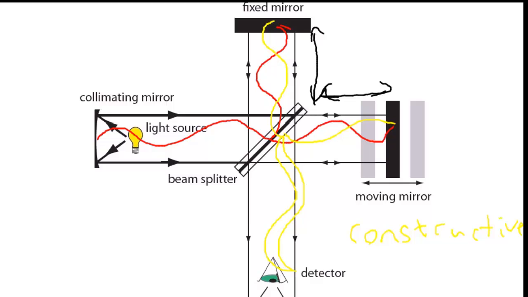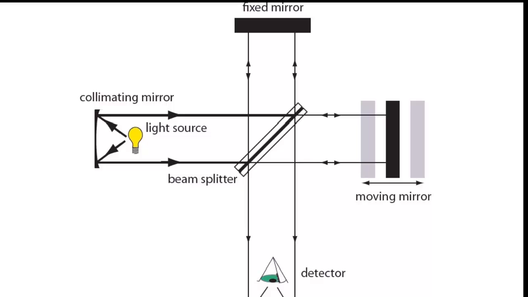Now imagine the same case where we're dealing with a light source and the mirror has moved. We're going to say it's now moved a distance of a quarter of a wavelength.